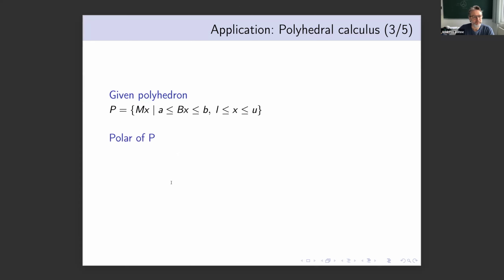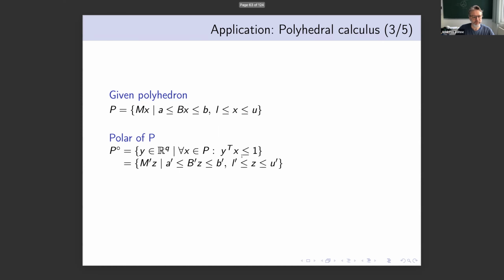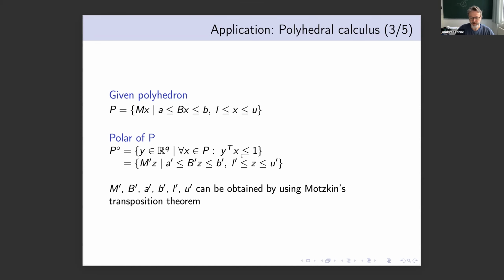And we can extend this idea when we start with a polyhedron and we ask for the polar of this polyhedron. This is the definition of the polar. Then we can use a form of the Farkas lemma, which is called Motzkin's transposition theorem, a generalization of the Farkas lemma. And using this, we immediately obtain a P representation also of the polar.